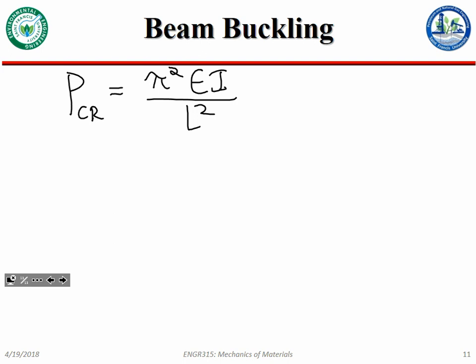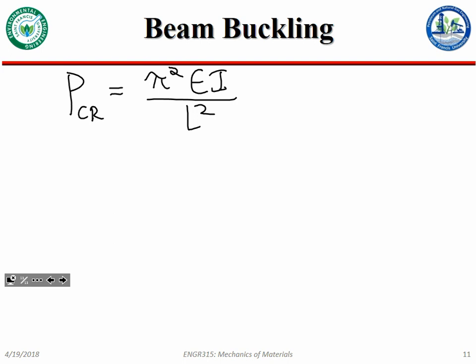So as length increases, what does that mean for the critical load? Okay, it comes down. As length goes up, critical load comes down. What does that mean for our failure point? Will we hit it sooner or later? Sooner, right. If the critical load is lower, that means that as I push harder and harder, I'll hit that load sooner than I would if the beam was shorter.